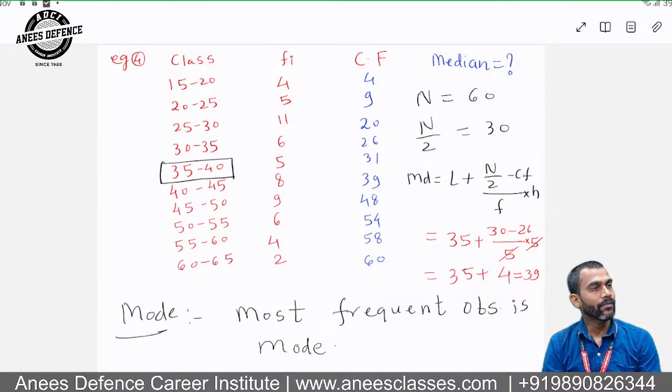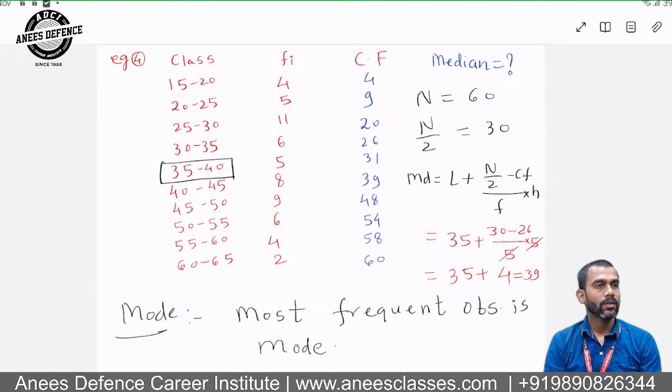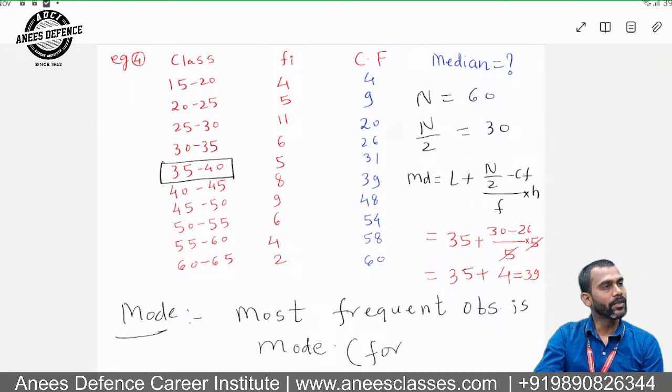So for discrete data, whether frequency is given or frequency is not given, you need to just see which observation is most occurred. The data of which the frequency is maximum would be mode. But for continuous data, again, we have formula. So for discrete data, we have to just see which observation is having maximum frequency. That would be your mode.